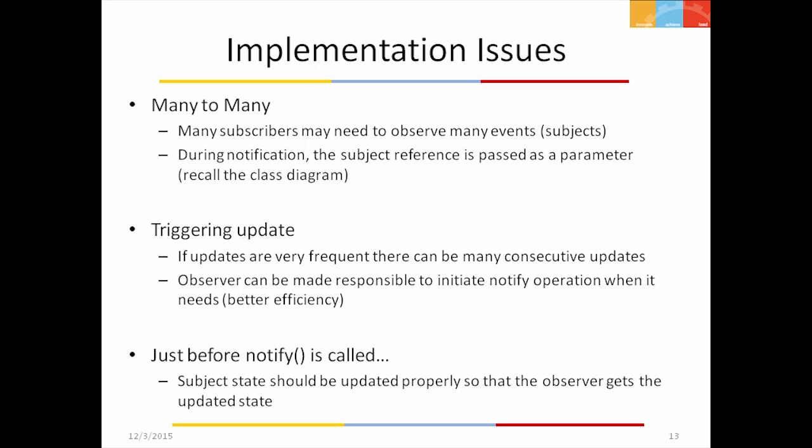So one needs to ensure that when notification is called, the subject state is consistent, so that the data or the information that is supposed to be with the subject is properly updated, and the observer actually gets the correct updated data.